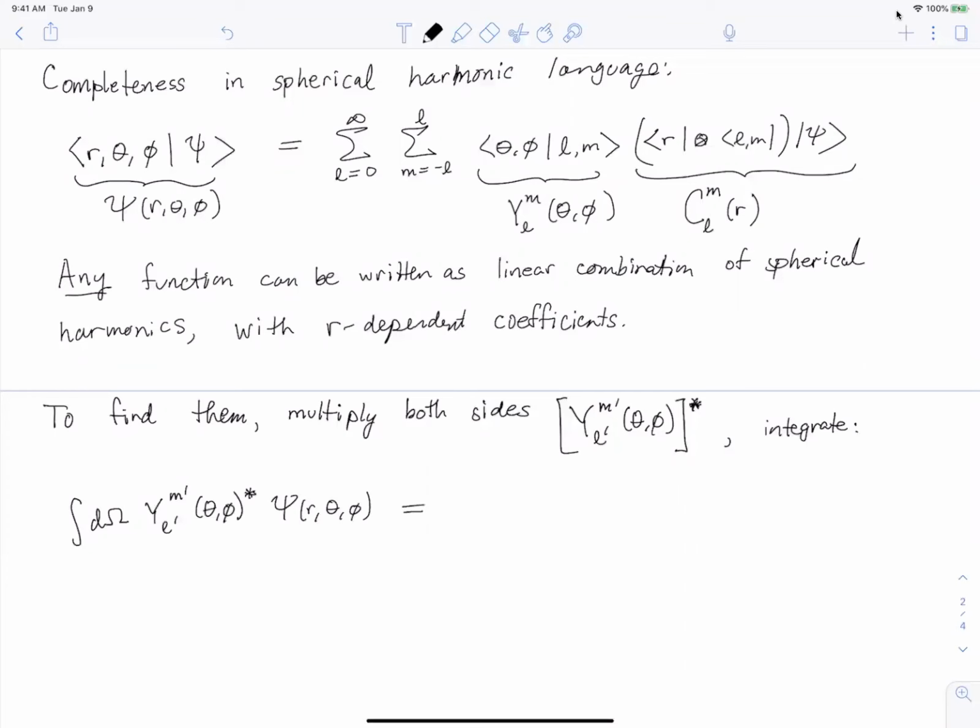And we say this is equal to, from the other side of that equation, the sum over all L's, sum over all M's, times my CLM coefficients that we're trying to discover. And then what appears is, again, I have to integrate over all omega. Since I did so on the left side, I need to include my Y L prime M prime, since I put that on the left side. And then I have YLM.